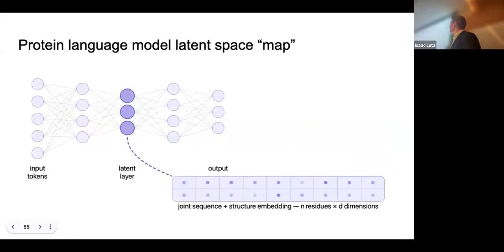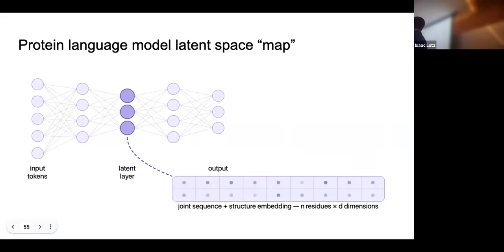And so we can actually use protein language models, the latent space from those models, as the map. The way these language models work is that you feed in a ton of sequences, and then they go through a bunch of neural nets, basically. And then at some point in the middle, you have a representation of the sequence and also implicitly the structure that's captured by a matrix. So that's in the center.